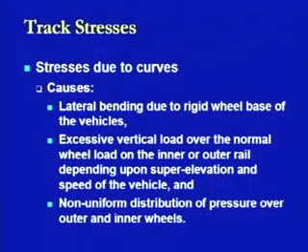The non-uniform distribution of pressure over outer and inner wheels is caused because of the rigid wheelbase and the lateral movement of the axles in the outward direction or in the inward direction because of that rigid wheelbase. So, this concept was also discussed previously, if you remember.